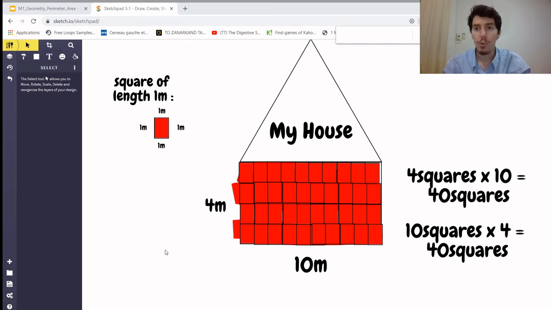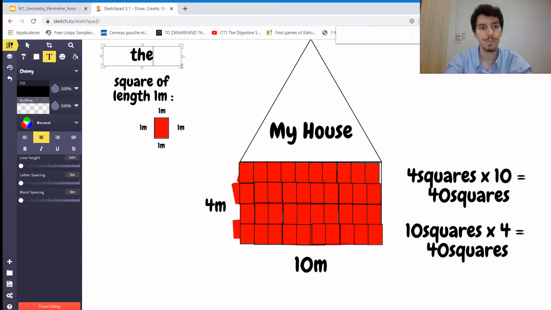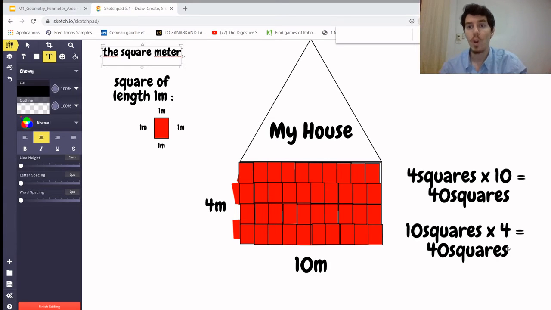Okay guys, so when we want to know how much paint we need to paint a shape, we use this small square here. And its name, the square of length 1 meter, we call it the square meter. Okay? The square meter is a square of length 1 meter. Okay?